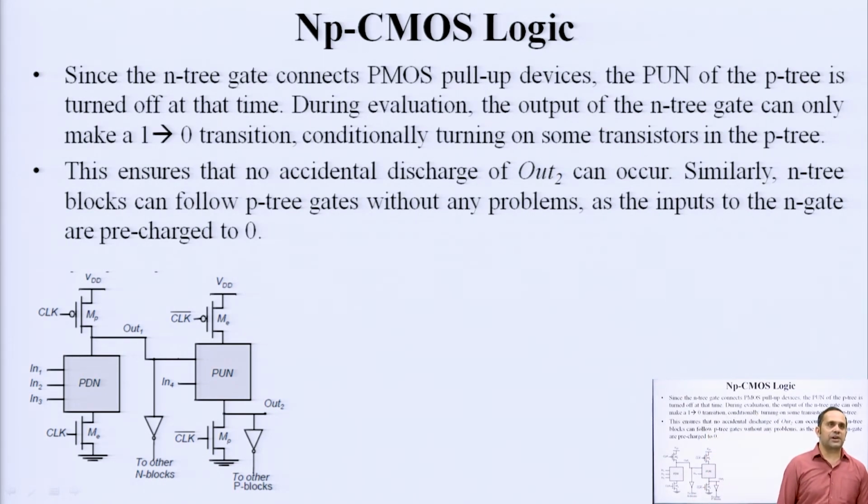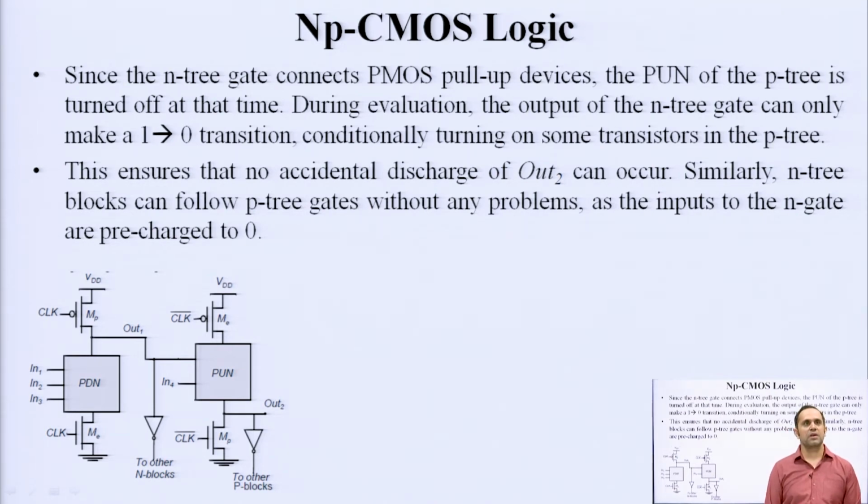Since the N type gate connects PMOS pull up devices, the pull up network of the P tree is turned off at that time, and during evaluation the output of the N tree gate can only make a 1 to 0 transition, conditionally turning on some transistor in the P type network. That basically depends on what logic you are implementing. This ensures that you have isolated successive stages and there is no charge loss due to discharge.